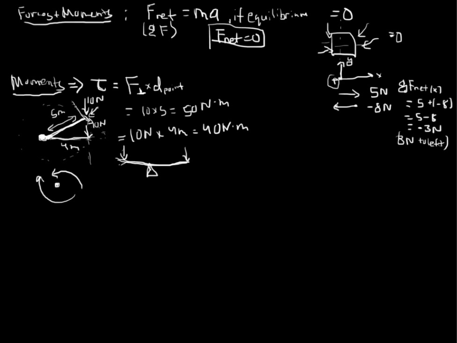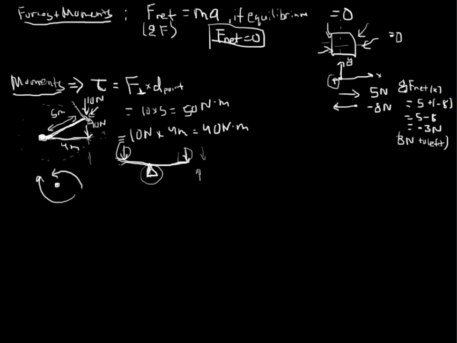We know that the sum of the forces down equals the sum of the forces up. So this force plus this force has to be equal to the force supported by this little fulcrum over here. Because if the net force was not 0, then the object would be accelerating, and we know it's not because it's in equilibrium. So the net force has to be 0. So this force plus this force plus this force is equal to that force.